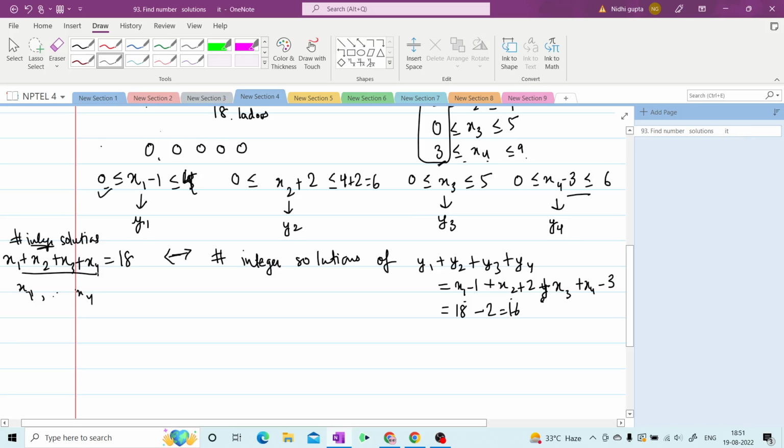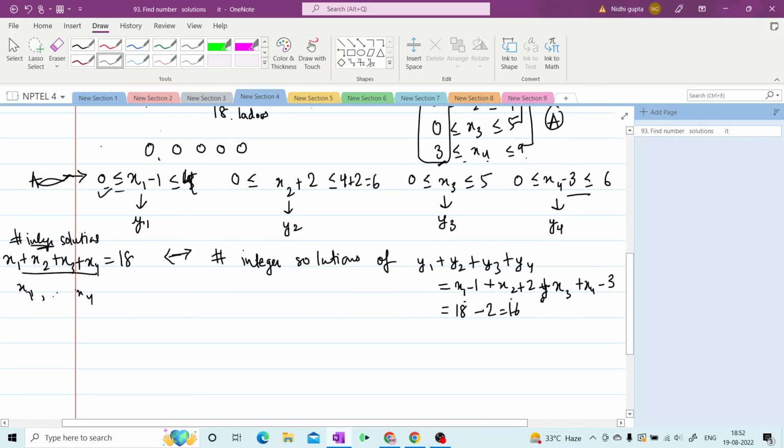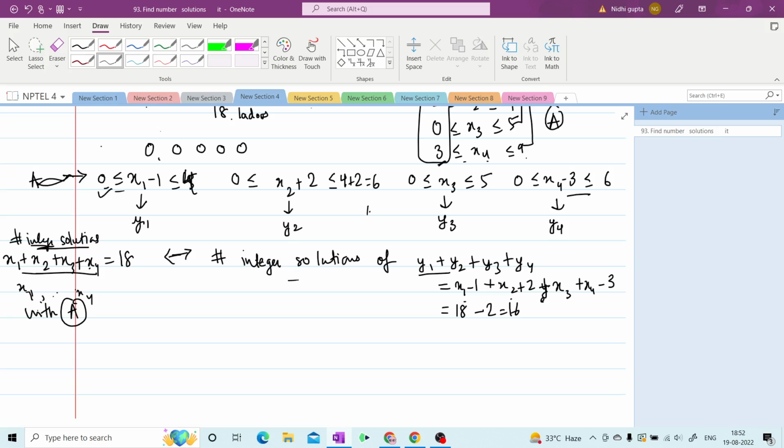So finding the number of integer solutions for this equation with conditions A is the same as computing the number of integer solutions for the equation y1 plus y2 plus y3 plus y4 equal to 16 with these new conditions.